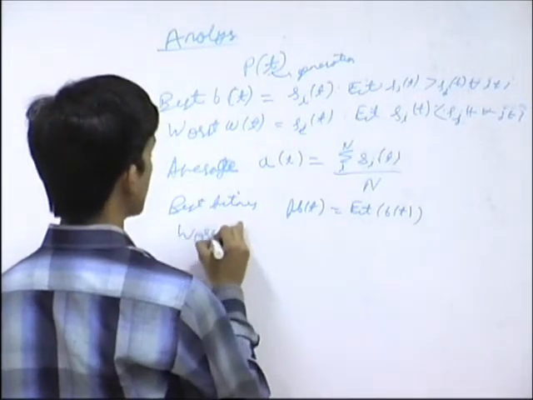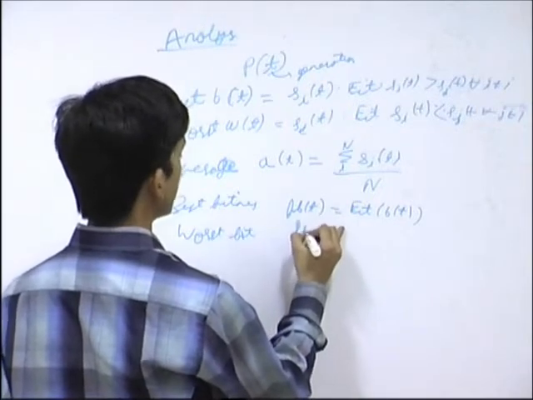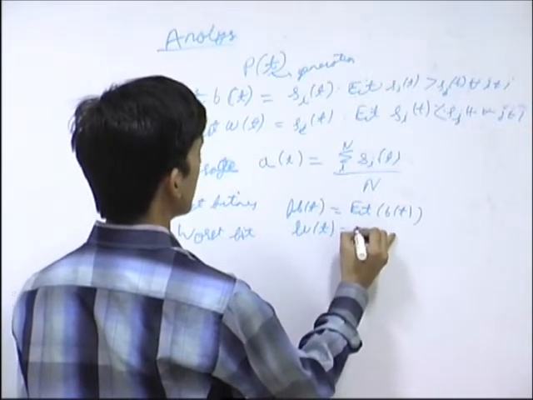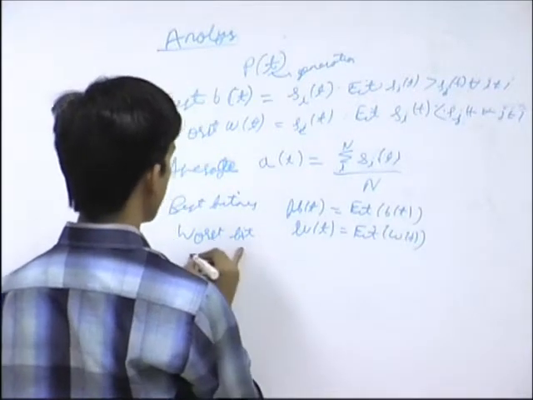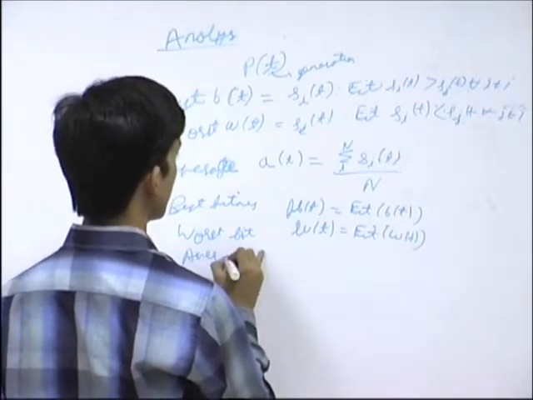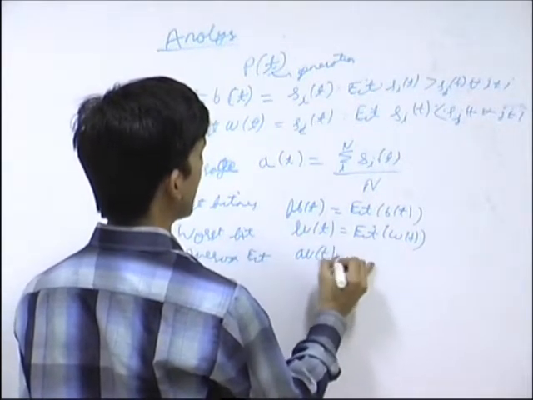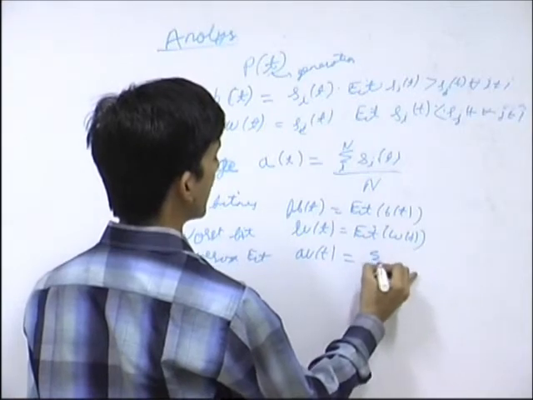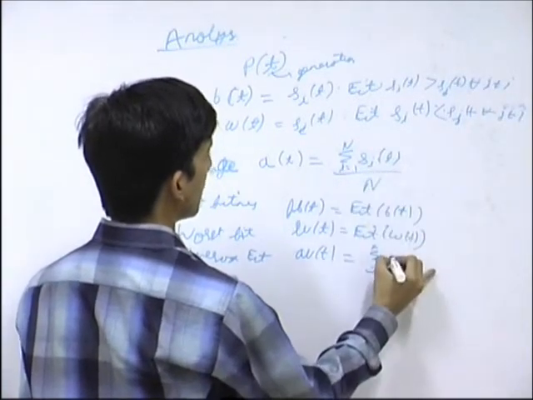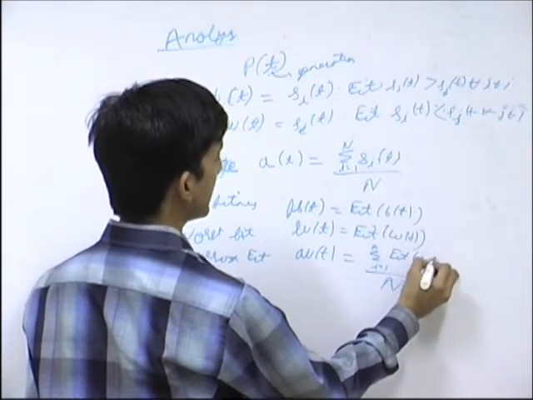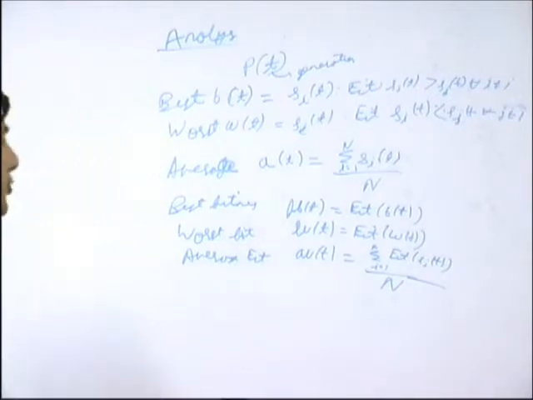I find out the worst fitness: WT, that is the fitness of the worst individual at any time T. And the average fitness at any time T is equal to the summation over I from 1 to N of the fitness of SIT. I have these kinds of metrics with me.